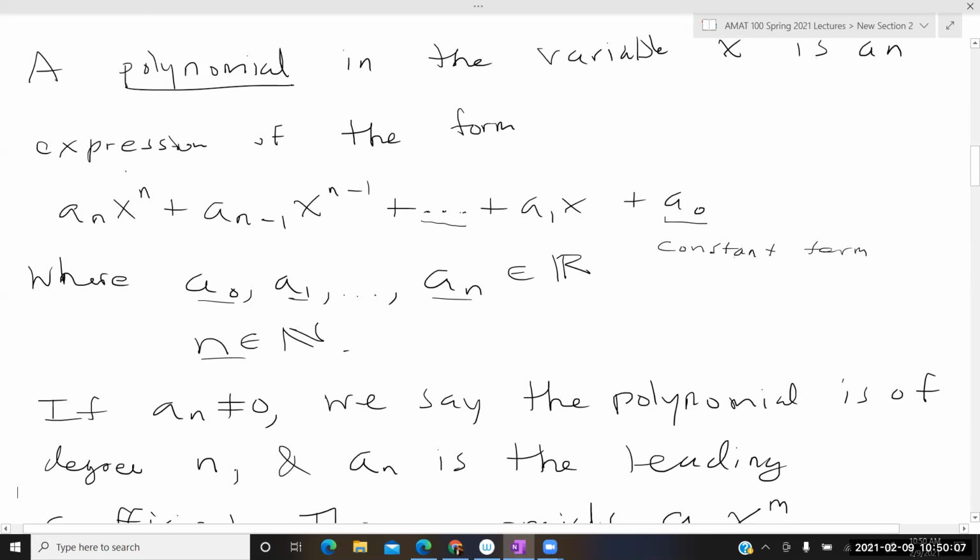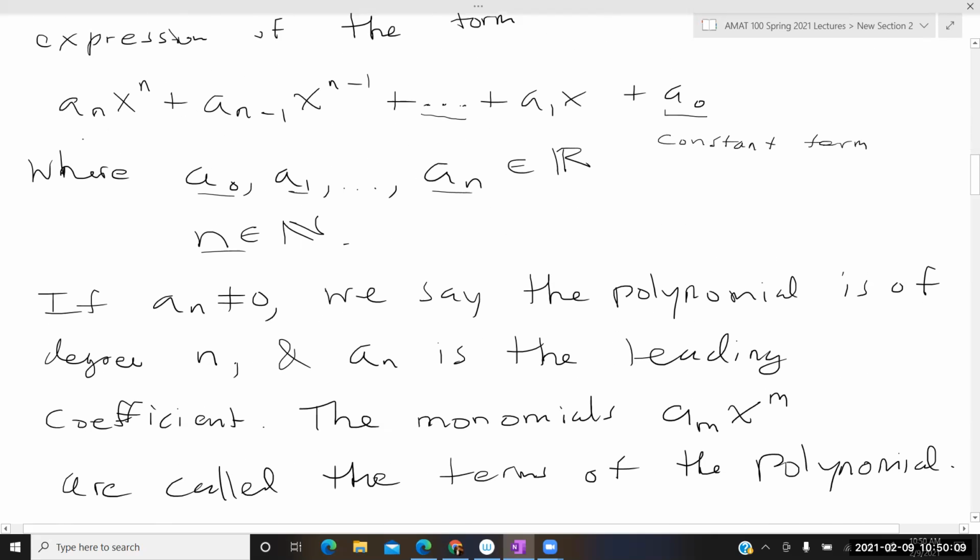And this a_n term right here is called the leading coefficient. If this is not 0, then we say the polynomial is of degree n, and a_n is the leading coefficient. The monomials that comprise this polynomial are called the terms of the polynomial.